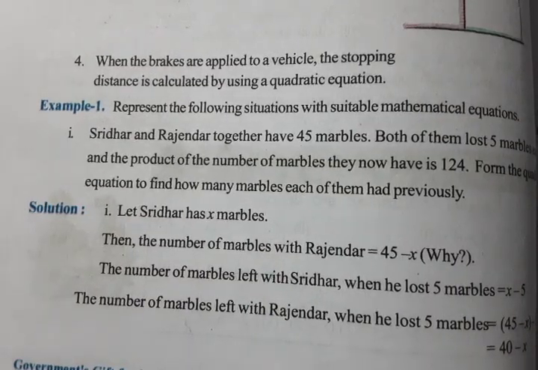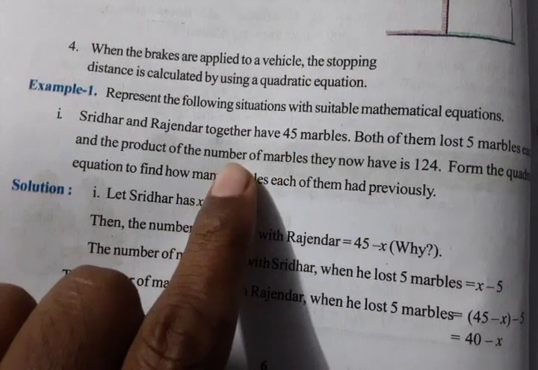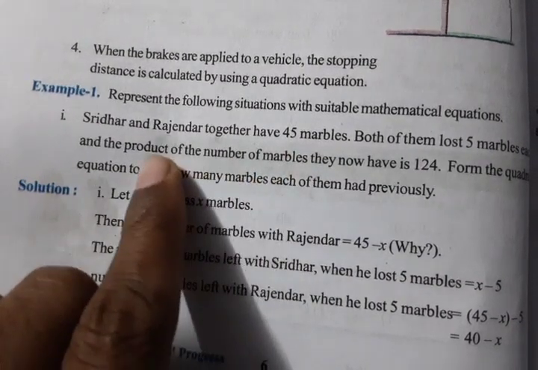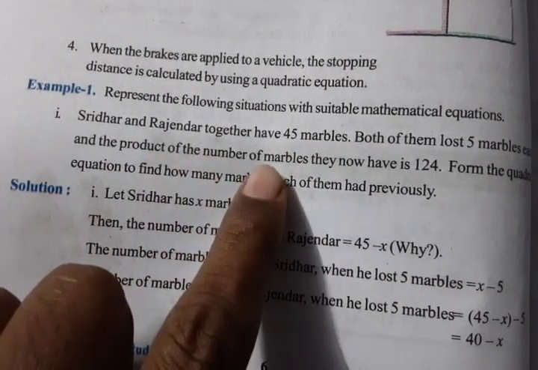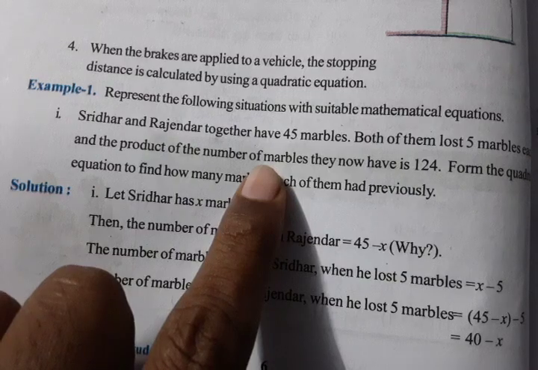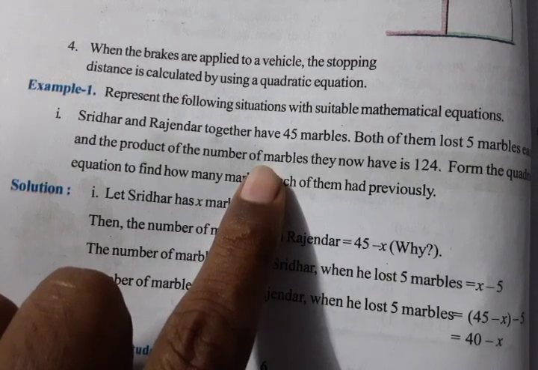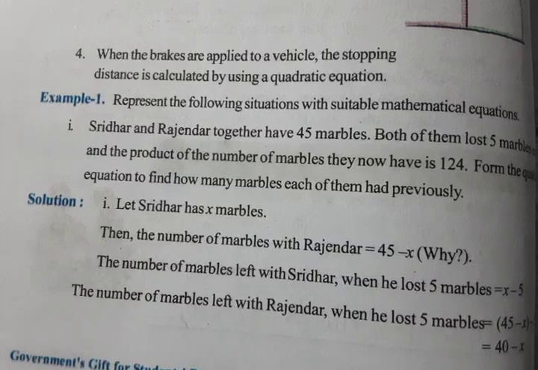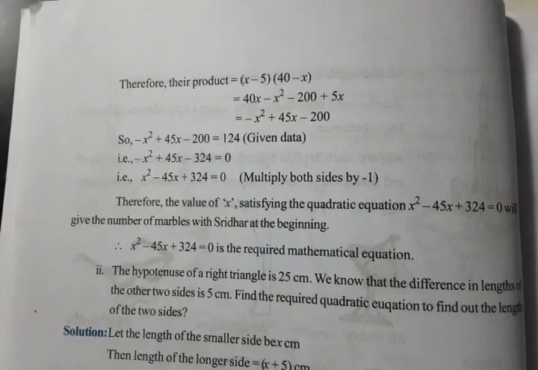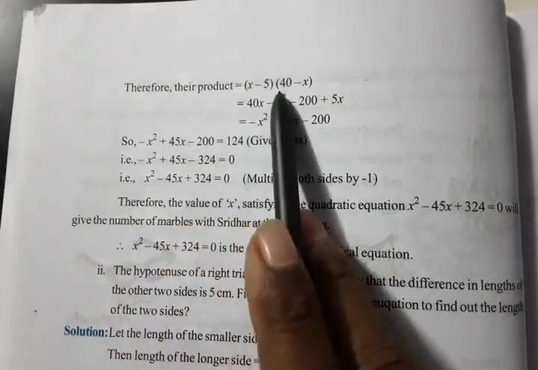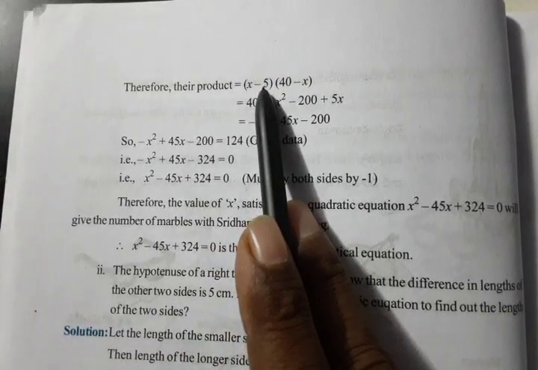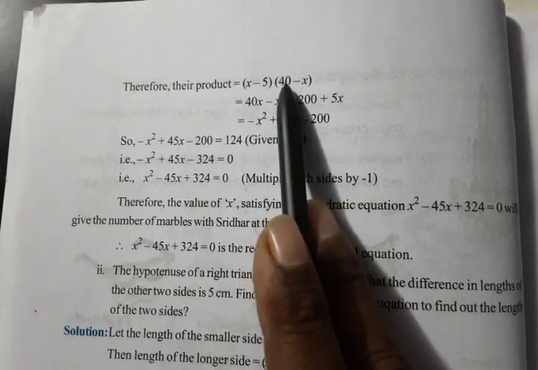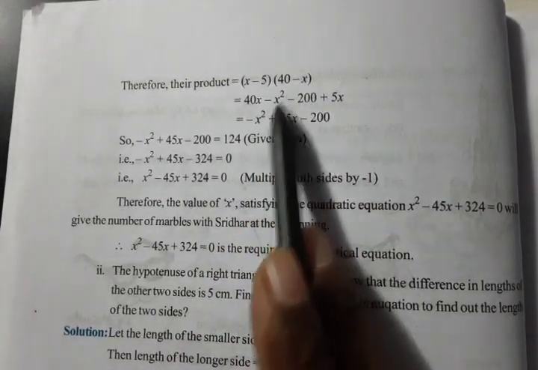But here it is given that the product of the number of marbles they have at present is 124. Product means what? Therefore their product is (x - 5) for Sridhar and (40 - x) for Rajendra.